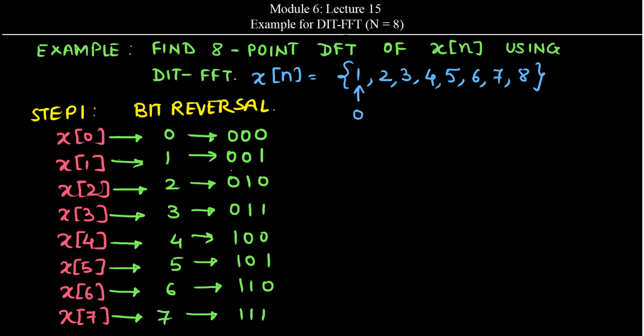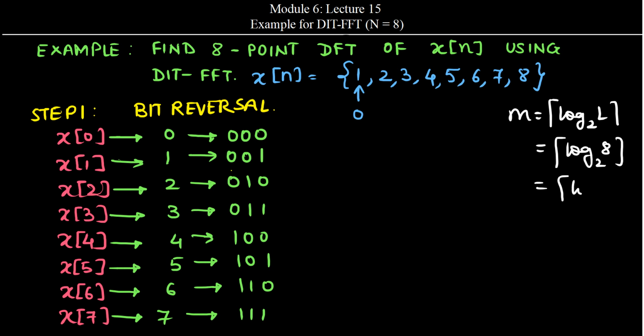Now the number of bits, as we had seen in the previous lecture, that is m, can be obtained by using the formula log to the base 2 of L, where L is the length of the signal. Here the length of the signal is 8. So m is log 8 to the base 2, which is log 2 to the power 3 to the base 2, which comes out to be 3.